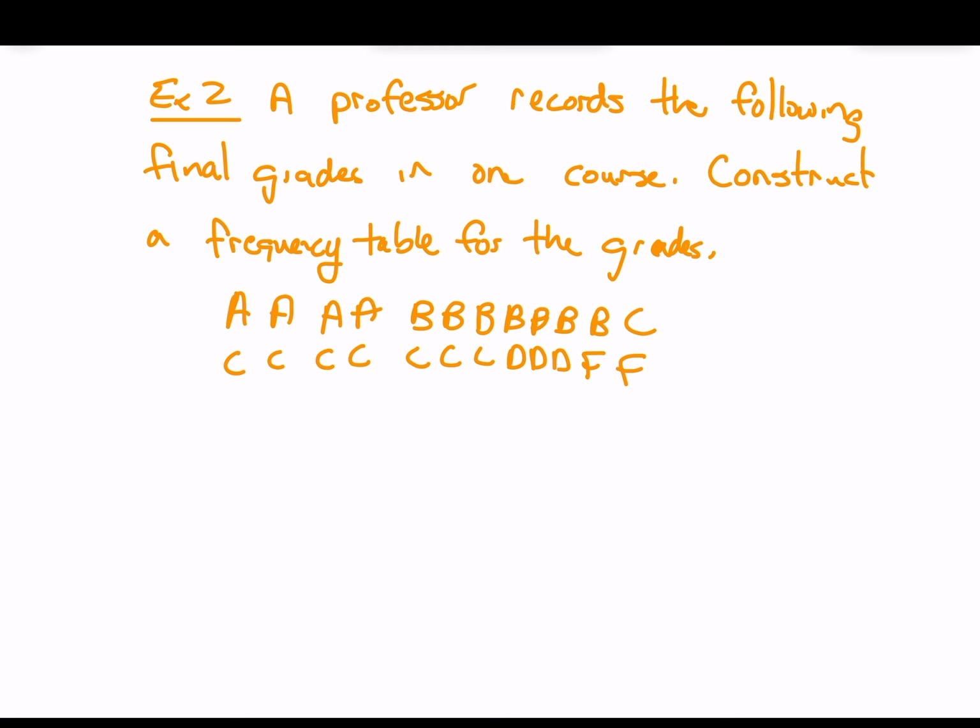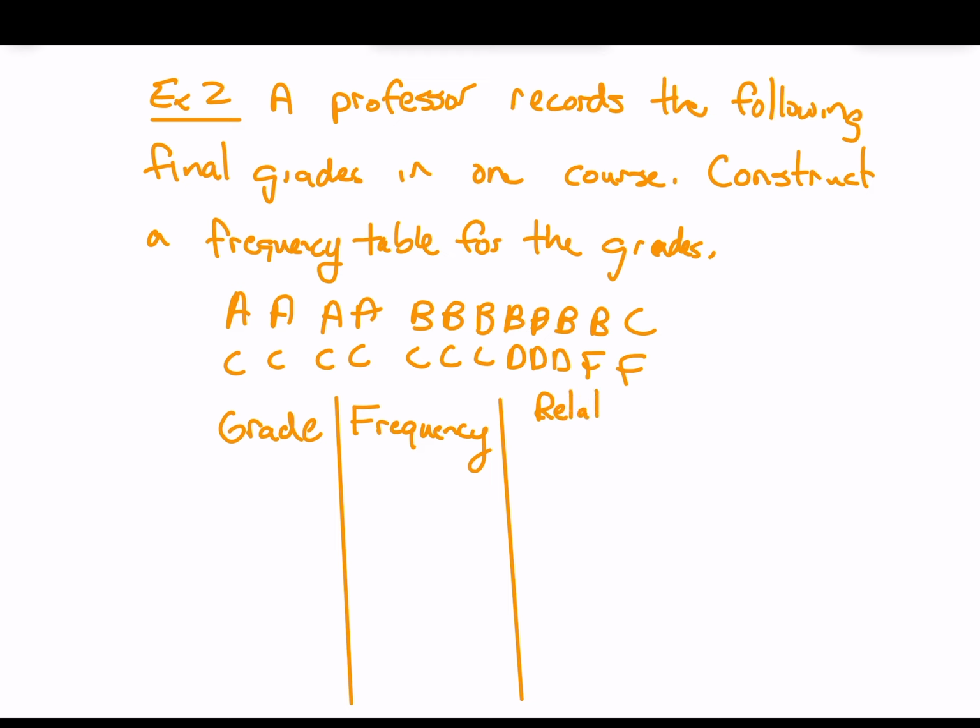Okay, so we'll take these grades and we will create a table. So our first column will be the grade. In our second column, we will do frequency. In our third column, we'll do relative frequency.